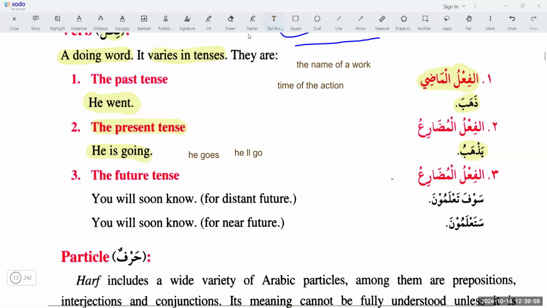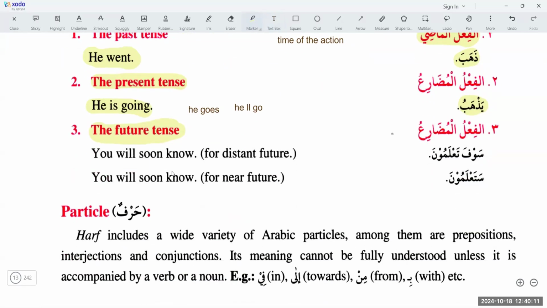So, al-fi'lul mudari'u, for the future tense in Arabic, there are two particles, two letters we use: sawfa and sa.